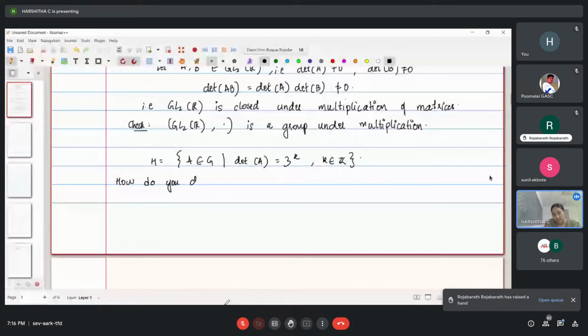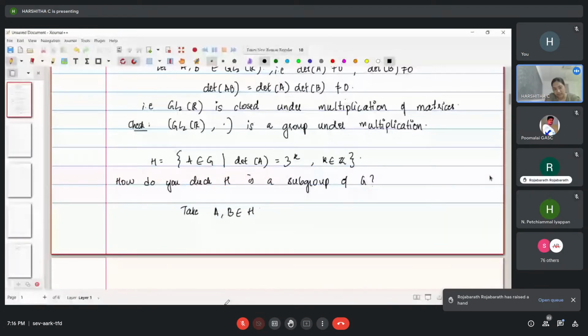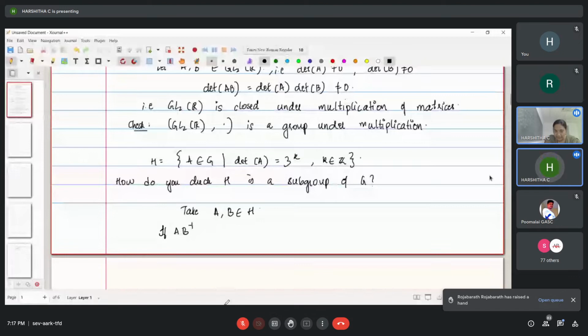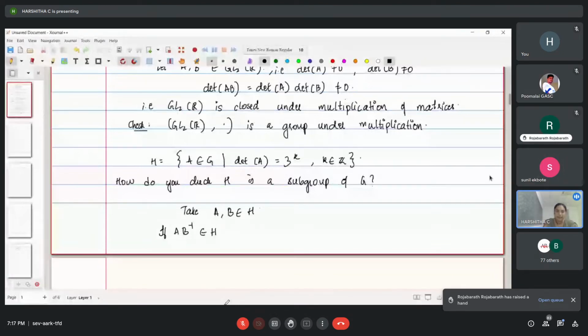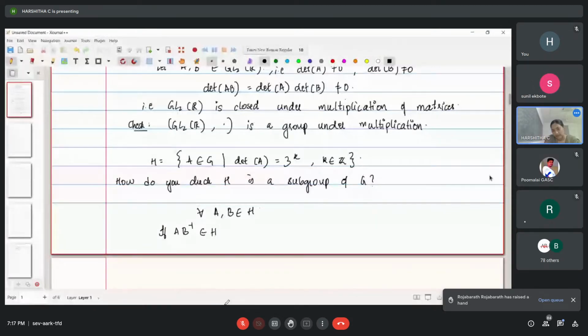So how do you check that H is a subgroup of G? As he said, you take any two random matrices A, B in H, and check if AB inverse belongs to H. When we say take A, B in H, a more precise way of saying it is: for every A, B in H, if AB inverse belongs to H, then H is a subgroup.